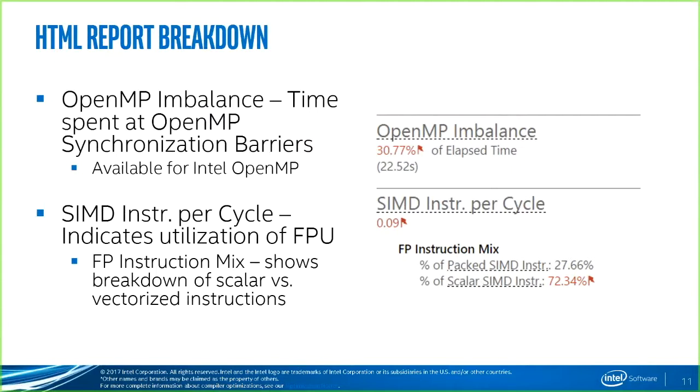This is based on some proprietary instrumentation of the Intel OpenMP runtime library. We know about the OpenMP standard's addition of the OMPT interface and are looking at this, but currently it's available only for Intel.